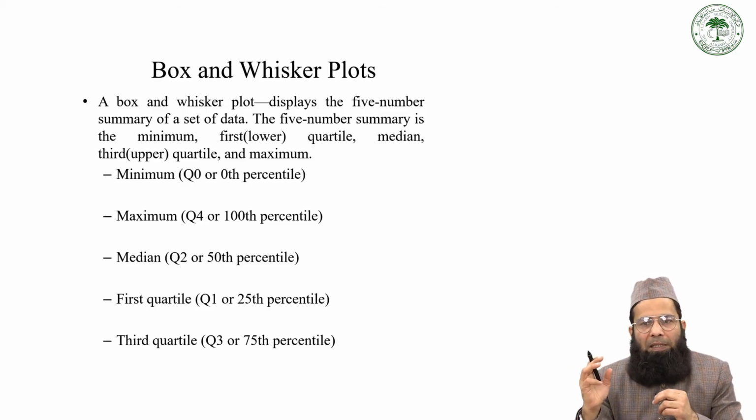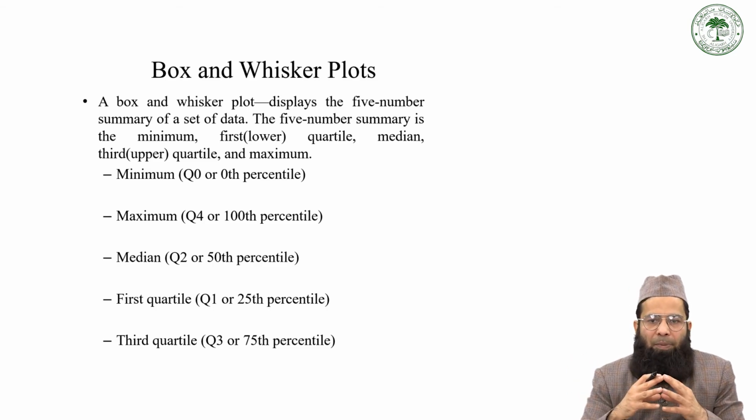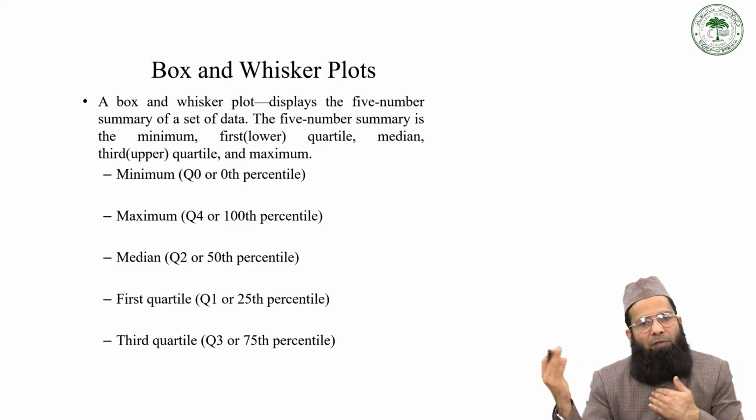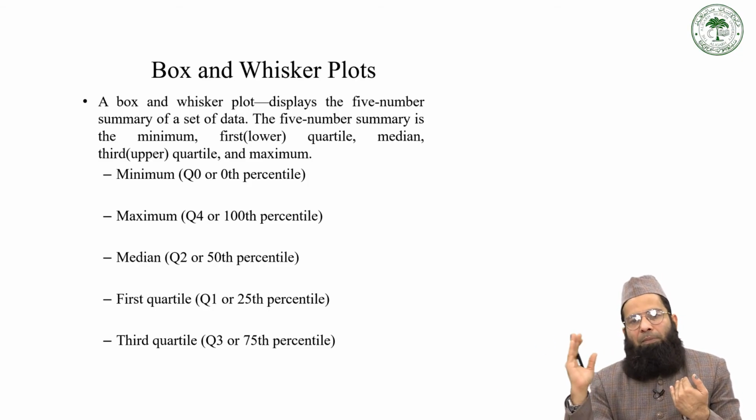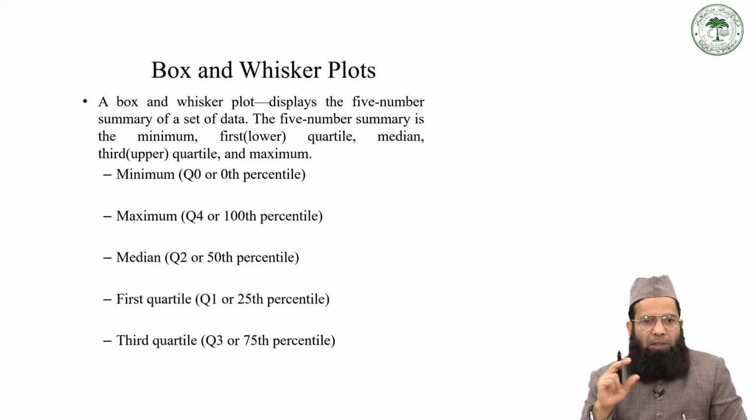And the third quartile, that is Q3, or you could say the 75th percentile, also known as the upper quartile, is the median of the upper half of the data set. That is between the actual median and maximum, right? So this is the third quartile.